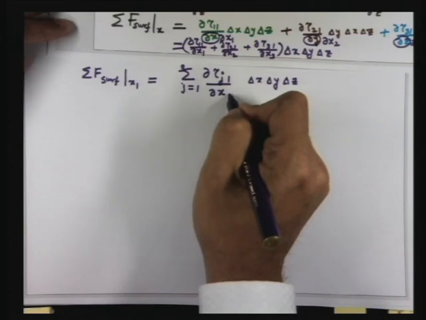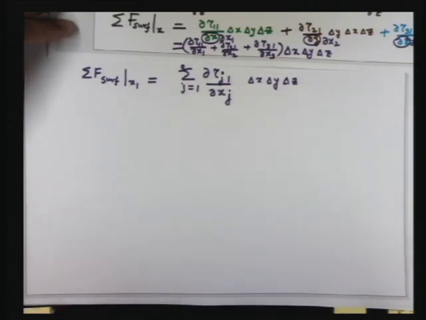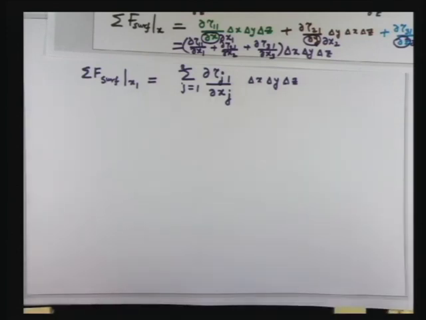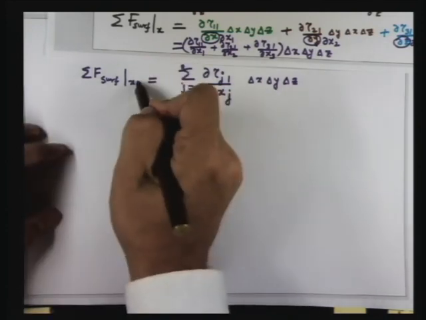So this is force along x1 direction. What about force in the xi direction? For force along x1 direction, this index is 1.